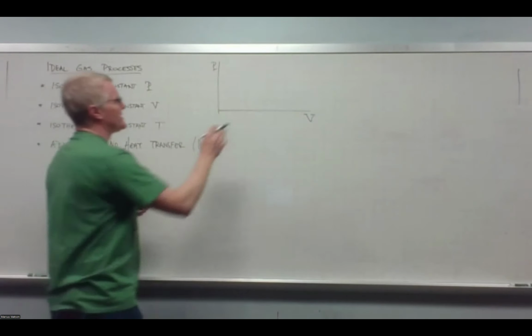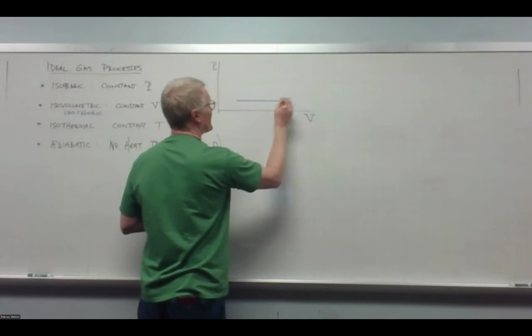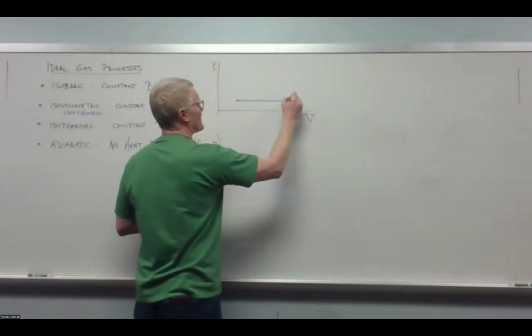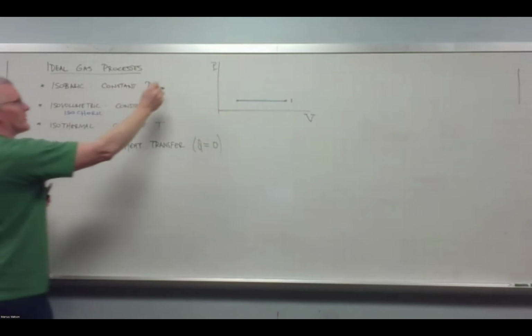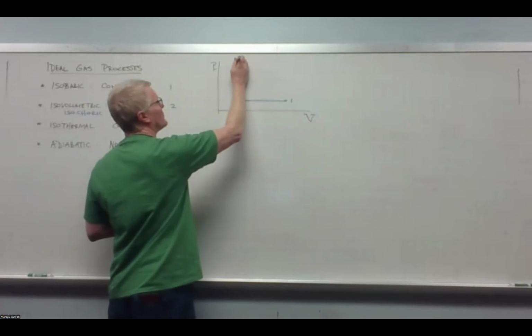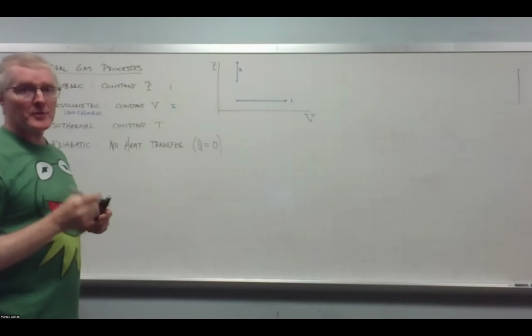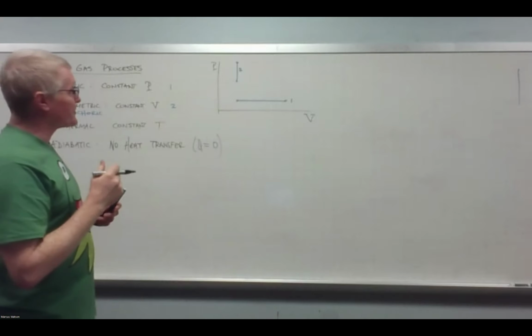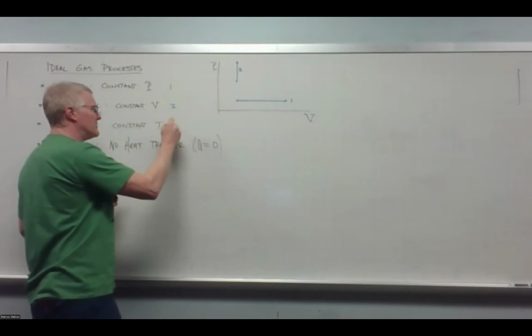If I did something like this, that would be number 1, isobaric. Number 2, the isovolumetric, isochoric, whatever you like, would look like this. 3, the isothermal. And I think that's where we left off.